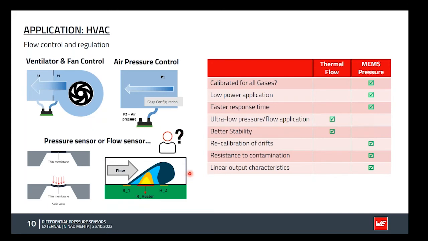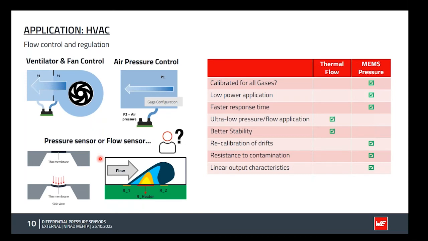This is not the case for the pressure sensors. Also, because there is a heater, the heater heats up the air and it consumes a small amount of energy, and heating of the air also takes a little time. So basically the flow sensors usually have a slower response time and also consume a bit more power compared to the MEMS based pressure sensors.